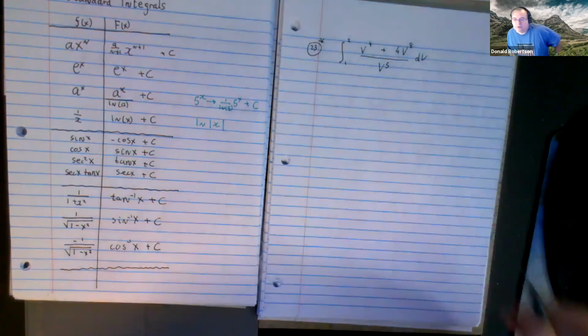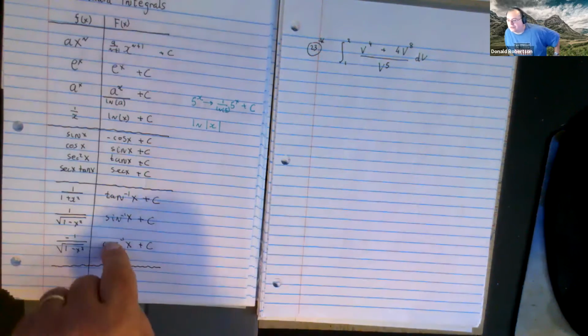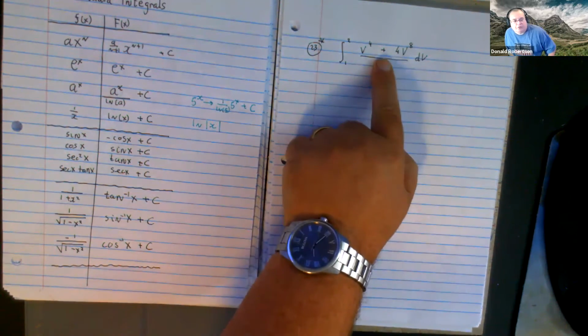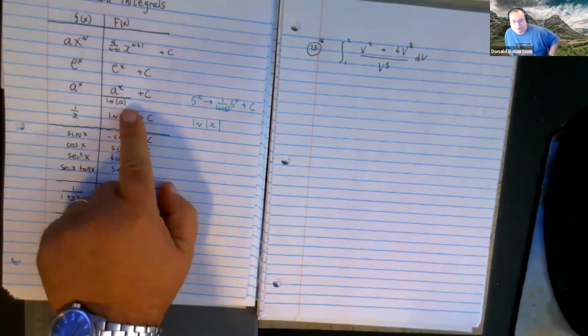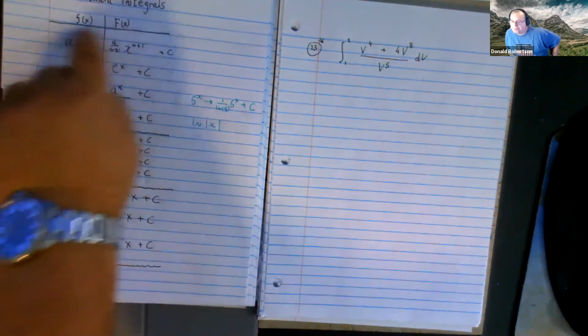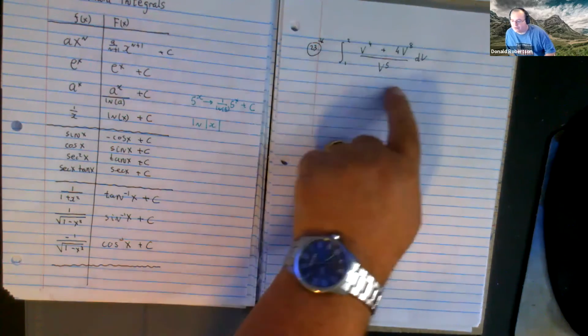When I look at this question, it's pretty obvious that there's some weird fraction going on, and there aren't any weird fractions over here, so I know I'm going to have to do algebra on it. I have to figure a way of rewriting this so that it fits one of these guys. Any ideas about how we could algebraically fix this fraction?